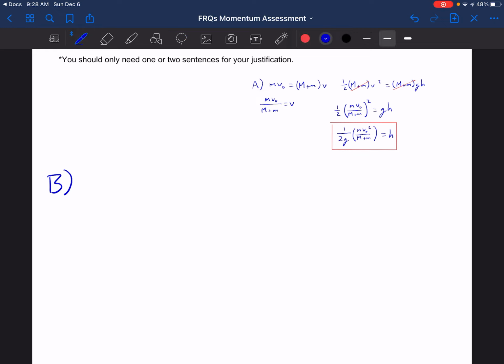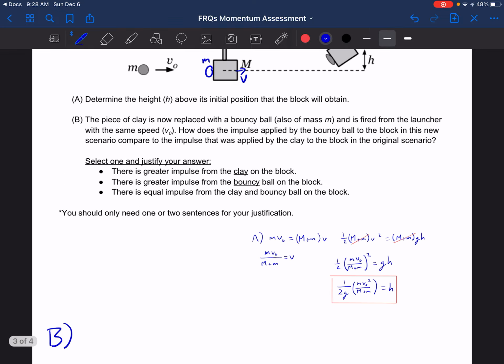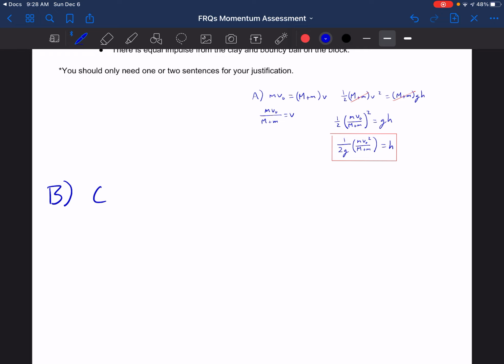Okay, so for part B, let's compare the two scenarios. So with the clay, we've got some initial momentum, and it's moving fast, right? So we could represent that initial momentum with, let's say, like a big vector.